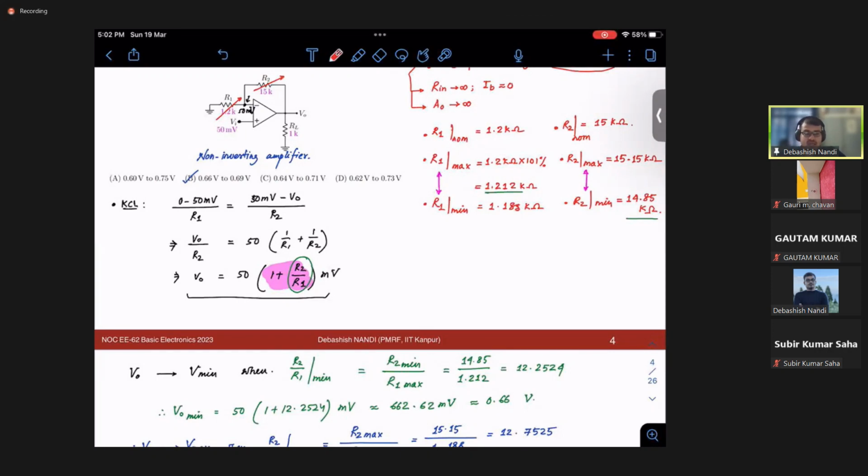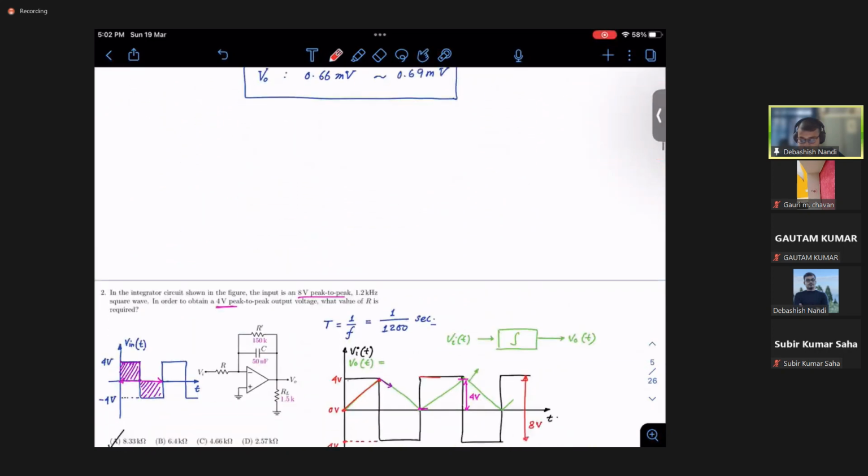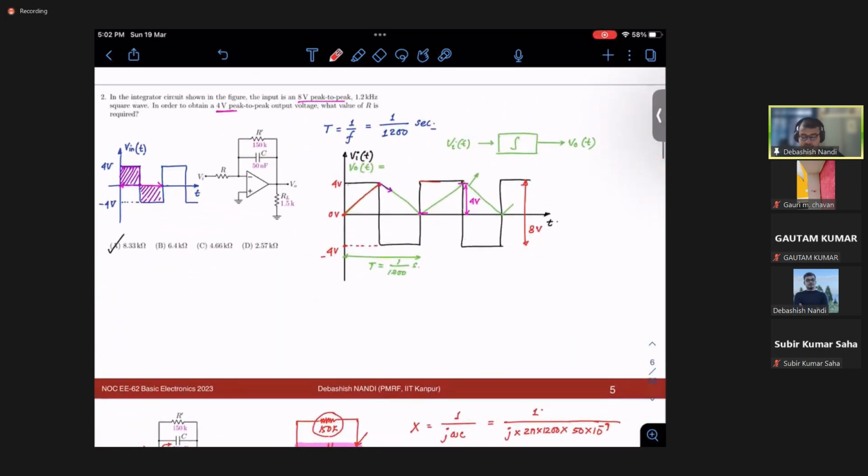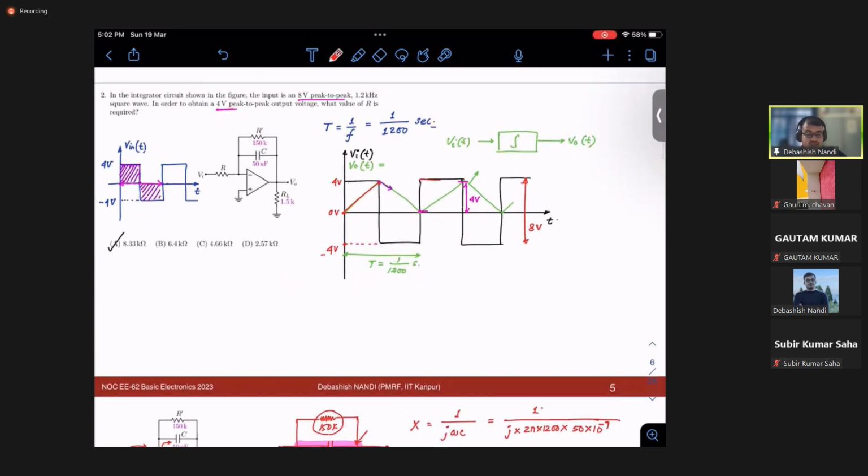Then next we have discussed how to go about these integrator circuits. I have told you that there are 3 or 4 methods how it can be solved. I have analyzed one method which is not mostly popular, and also you may not find it in books. So that's why I thought to do it graphically. So this was the problem.